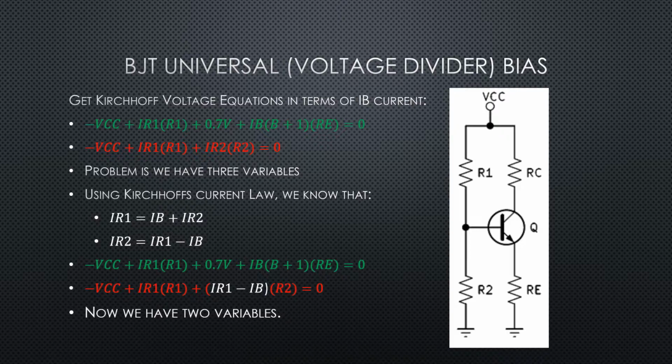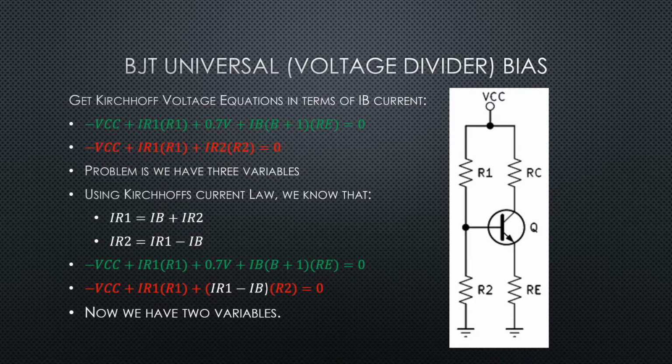So we can look at our schematic and determine what IR1 is. IR1 is equal to IB plus IR2, and we know that because of Kirchhoff's current laws. Now you could substitute in IR1 into the two equations that we've solved so far, but that complicates things a little bit more because you're having to substitute into both equations.